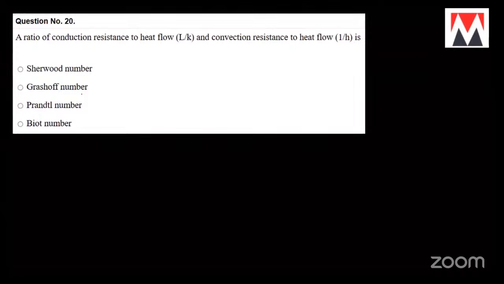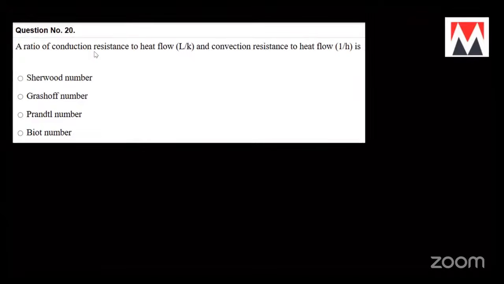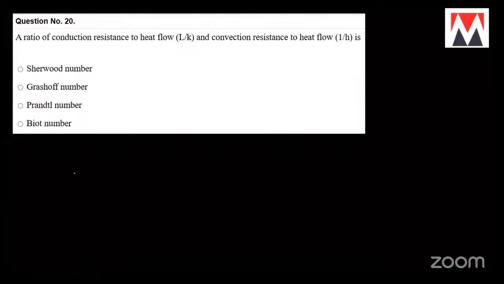The ratio of conduction resistance to convection resistance in heat flow, L by K, what is this called? Very good. That is called the Biot number.